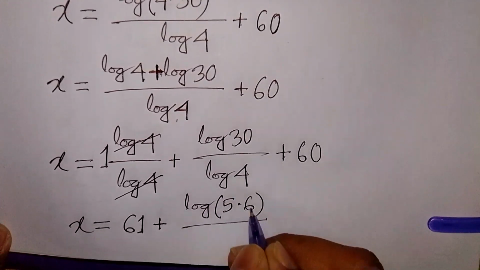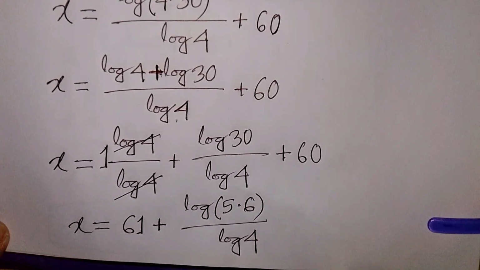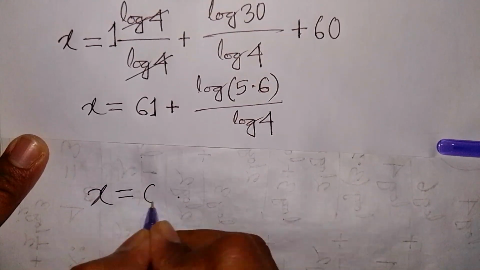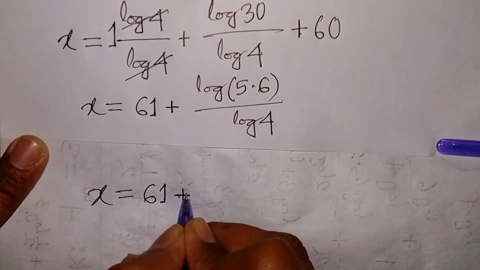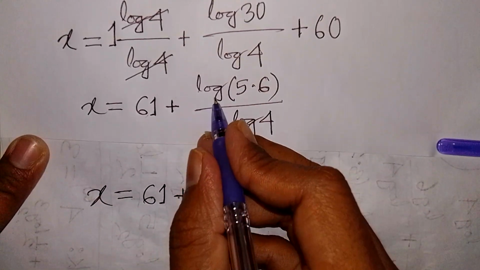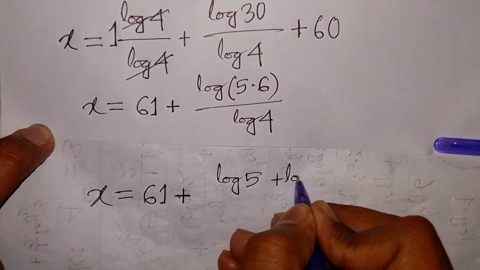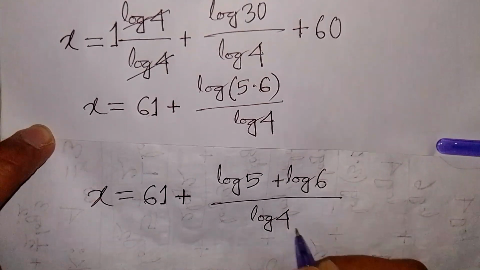5 times 6 over log 4. Now x will be equal to 61 plus log of 5 times 6, which is the same as log 5 plus log 6 over log 4.